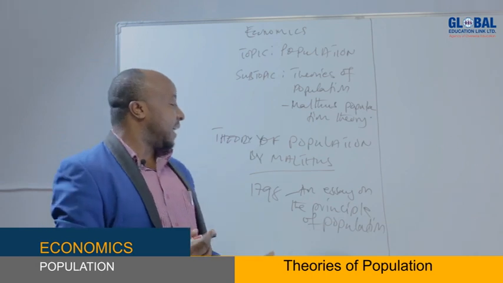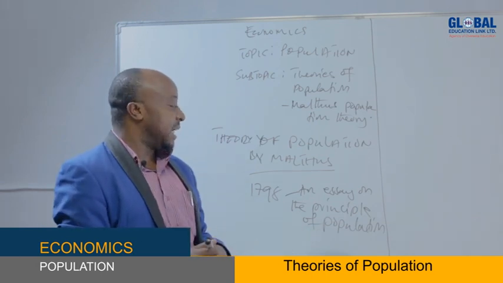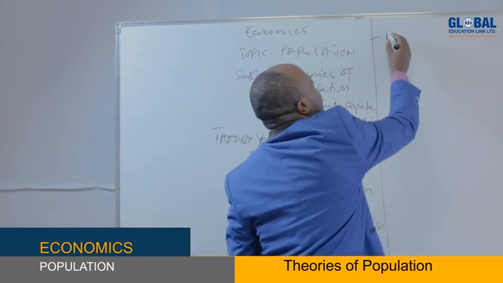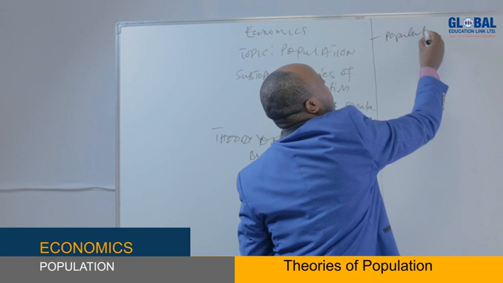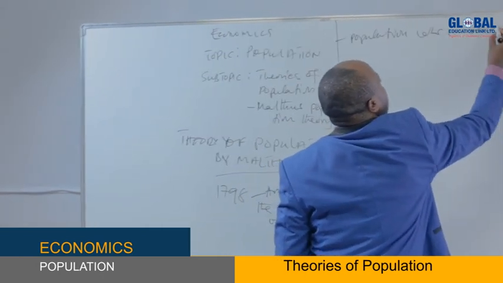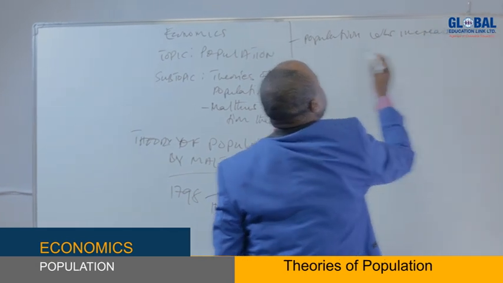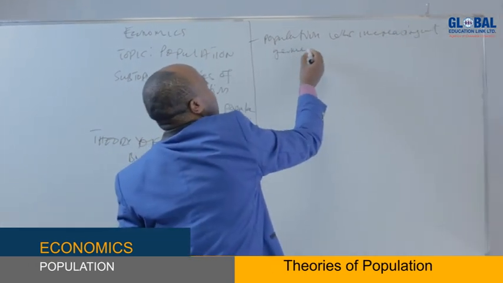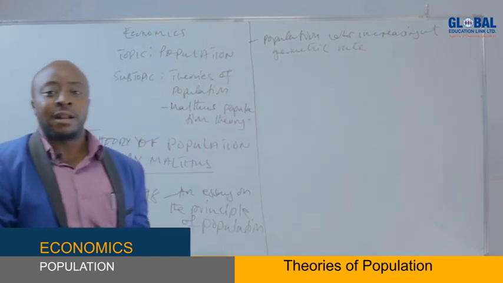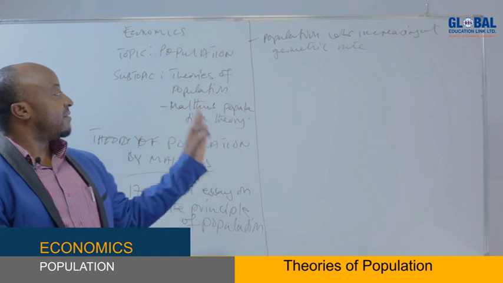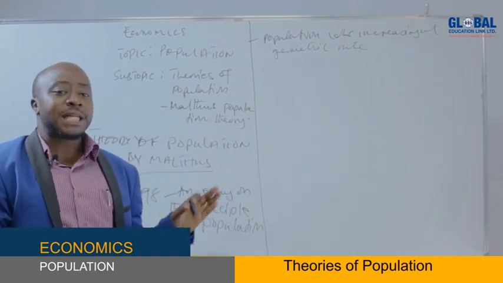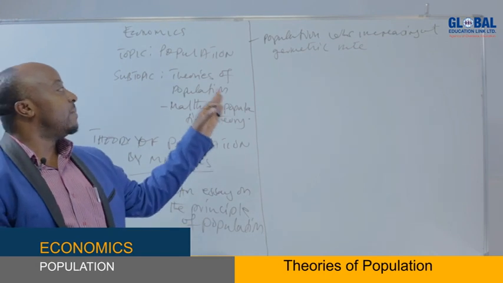Now, after that observation, he observed that population was increasing at a geometric rate. This is the observation of Malthus. After making that observation around the UK, he observed that during that time population was increasing at a geometric rate.